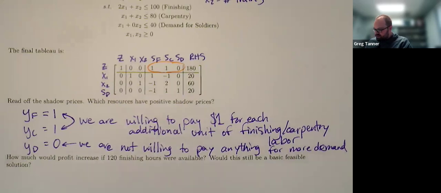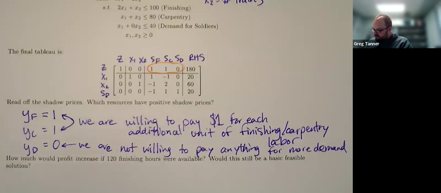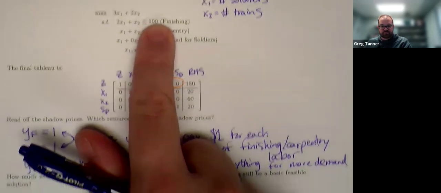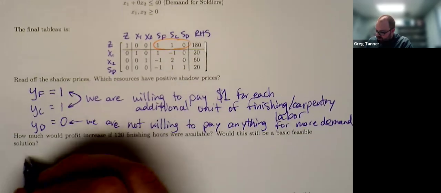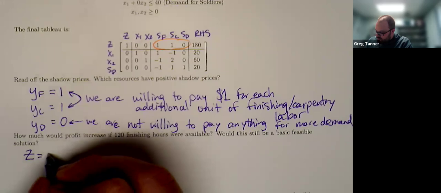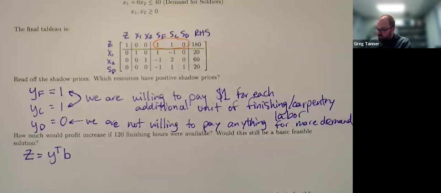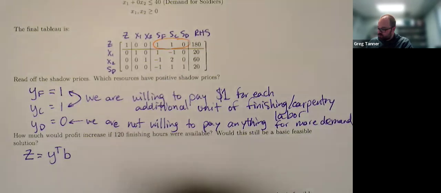Now let's turn to the idea of how much the profit would change if we changed our right-hand side. Right now we have 100 hours of finishing available. What would happen if we were to up it to 120? Well, we can write Z as being equal to Y transpose times our right-hand side, a modified right-hand side once we change it to 120.